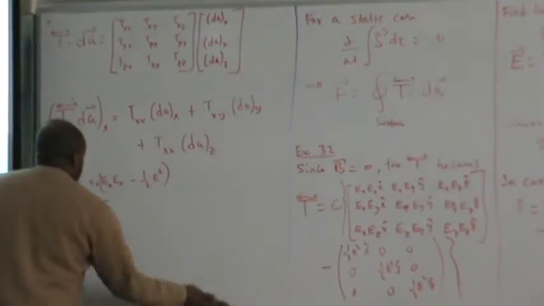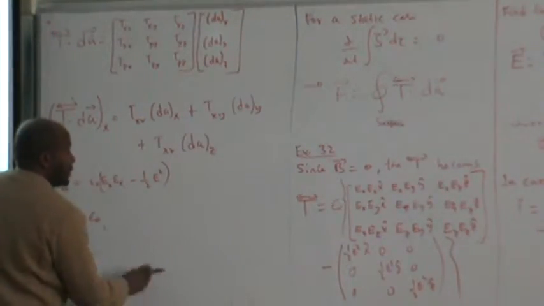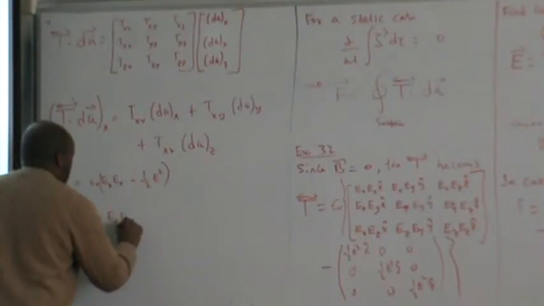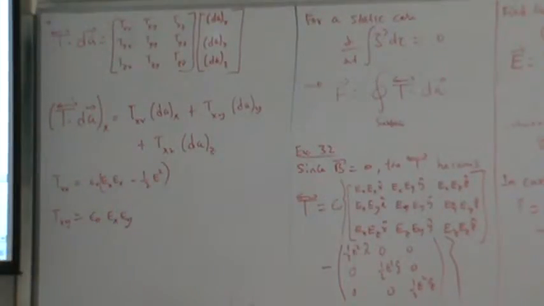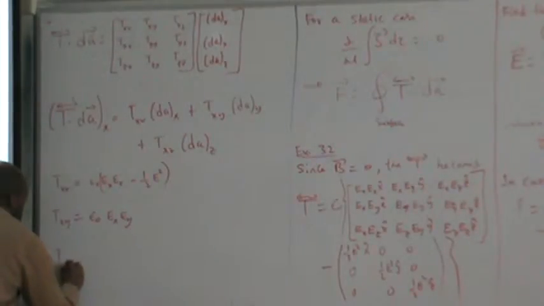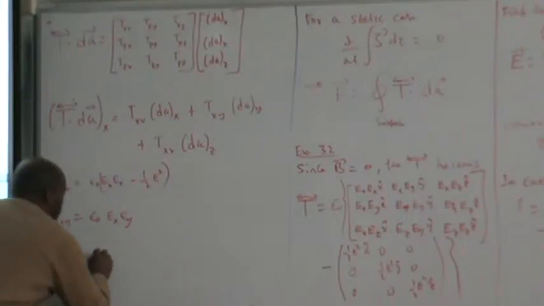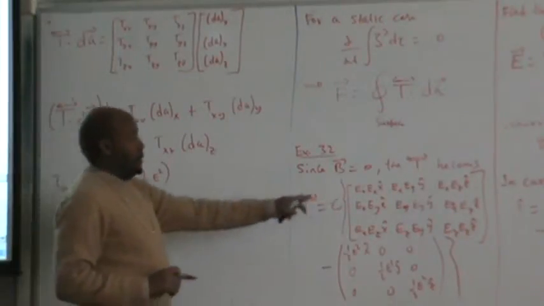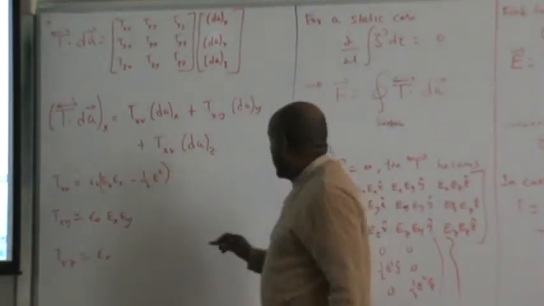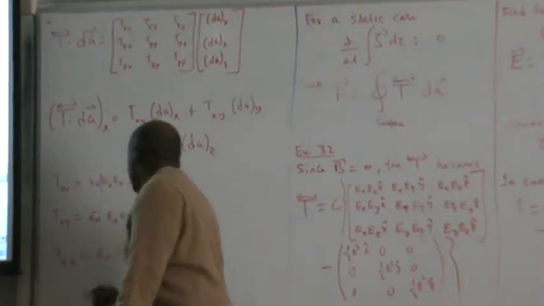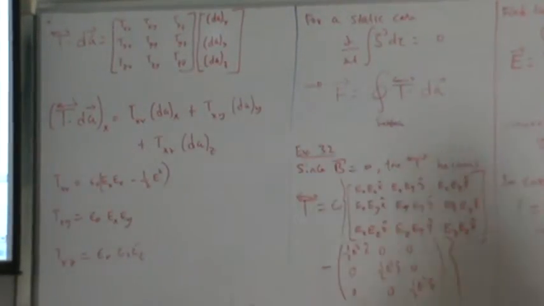So that's going to be just Ex Ey, and Txz, what again? That's also epsilon naught Ex Ez. All right?